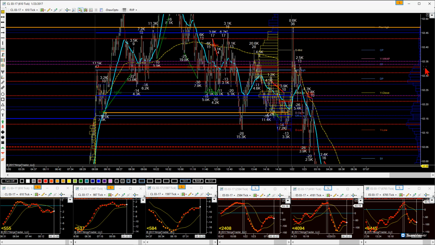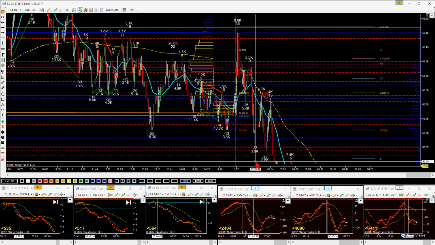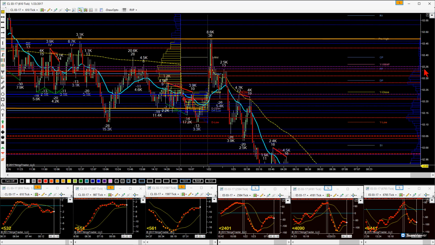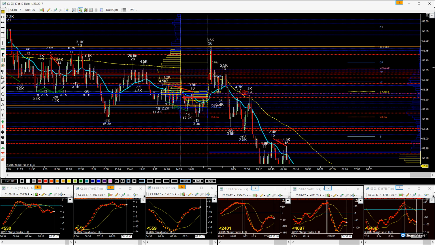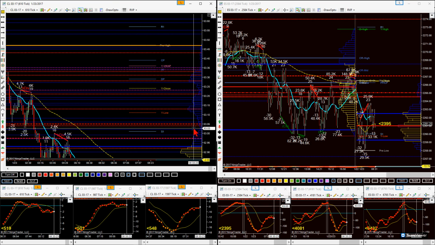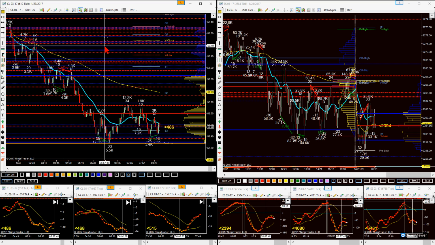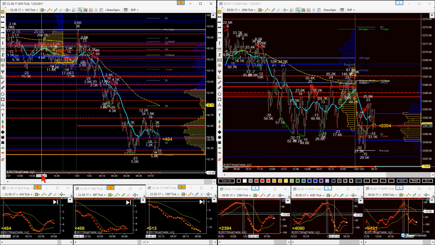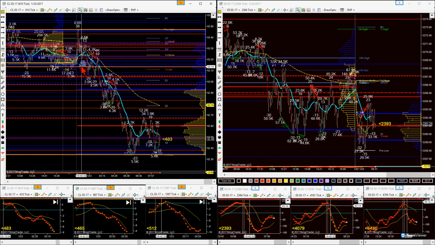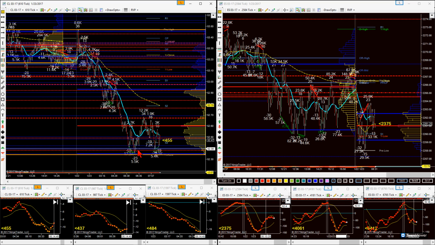So let's take a look at what we did overnight. Just as a very scrunched up picture, we see from where we opened back up late last night, yesterday evening, we've come straight down from there.